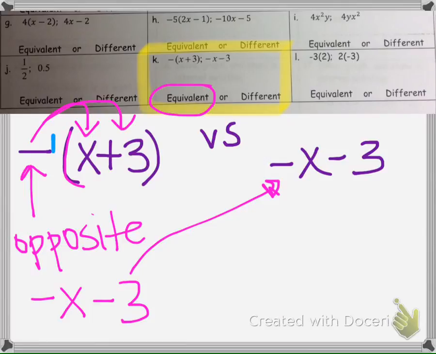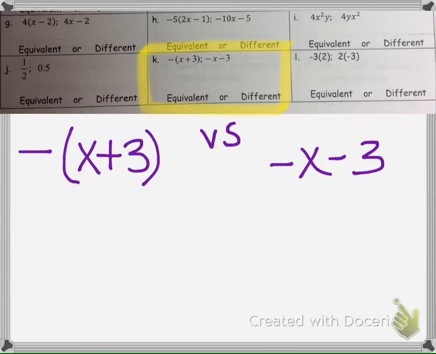Some teachers also show that you could think of it like you have a -1 out here, and a -1 times 1x is -1x, and -1 times +3 is -3. You can also think about it that way, but it's saying what's the opposite of x plus 3, which is -x minus 3.